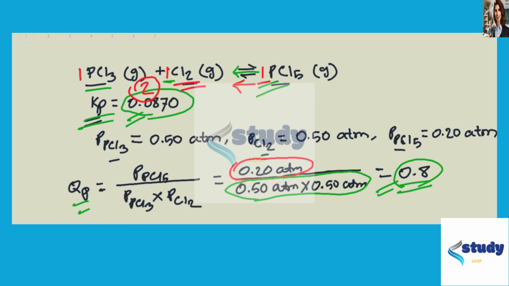Exothermic means heat is also a product, so increasing the temperature will increase the reverse reaction rate so that some of the heat is consumed. That means if we increase the temperature, the reaction will go in the reverse direction, which will also increase the mole fraction of chlorine. The answer to question D is that the mole fraction of chlorine will increase in the equilibrium mixture if the temperature is increased.